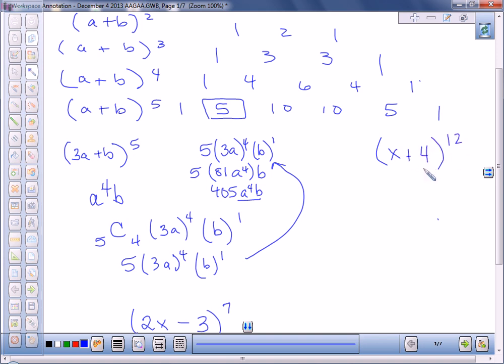It would be the combinations of 12 choose 8, x to the 8th, and 4 to the 4th, without expanding Pascal's at all.